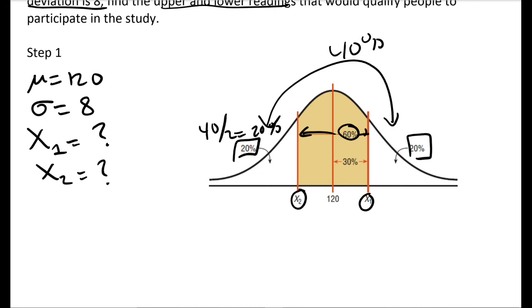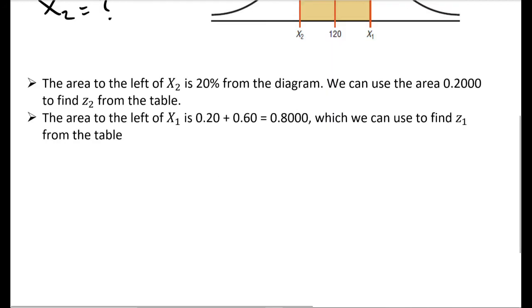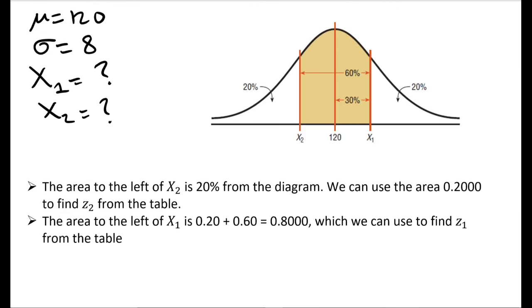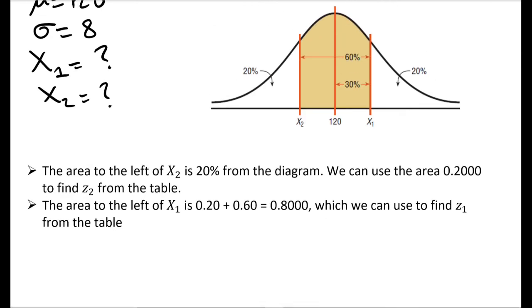All right, this is going to help us because in this step, we want to figure out the area to the left of x2 and the area to the left of x1, because these areas are going to help us find the z-scores on the table. So the area to the left of x2, as we mentioned earlier, is 20%, because we calculated that earlier.